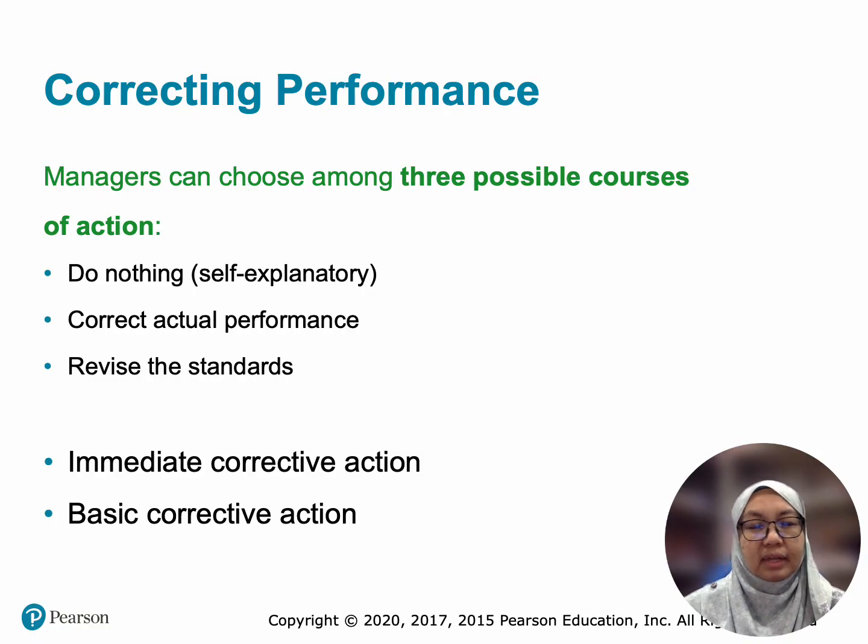Between those, managers can take immediate corrective action when the problem arises, or they can take basic corrective action, whereby they do research first on why the performance is below the standard, and only then take action.